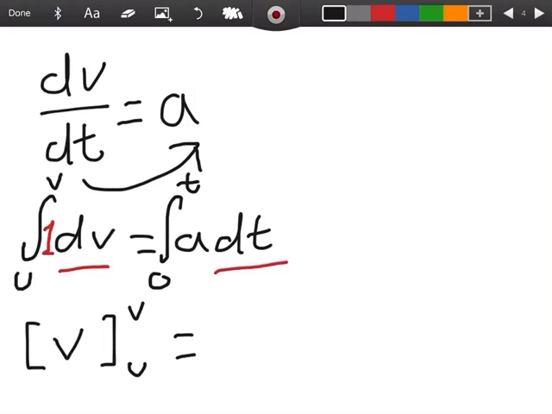And then with a, so a is like a number here. Okay? And when you integrate a number with respect to time, it's number times t. So a t from 0 to t. Okay, still with me? Good.